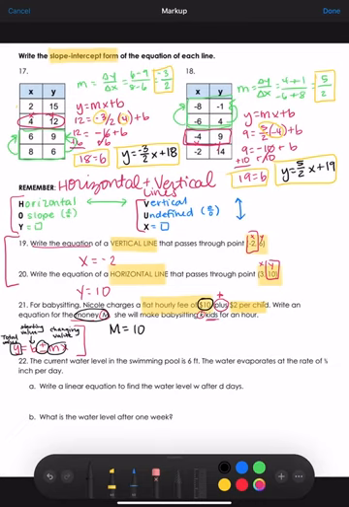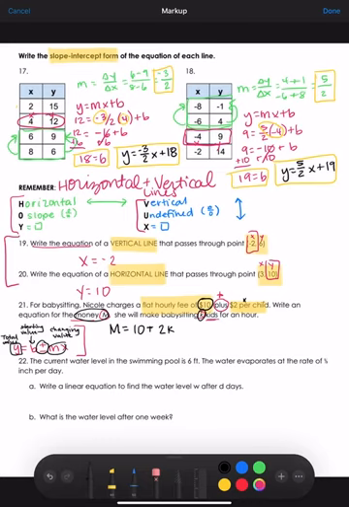She charges $10 an hour, but she also charges plus $2 per child. So that word per, remember, means that you're multiplying. So it's going to be $2 times however many children she has, and it tells us here that that's going to be K. So this equation represents how much money she's going to make each hour.